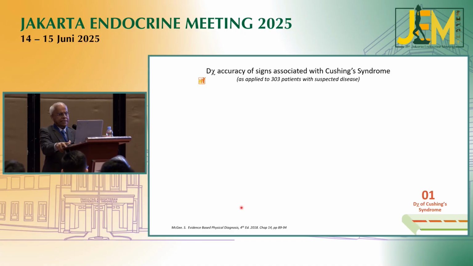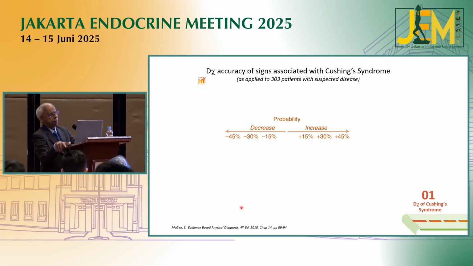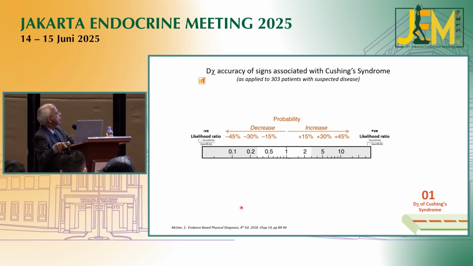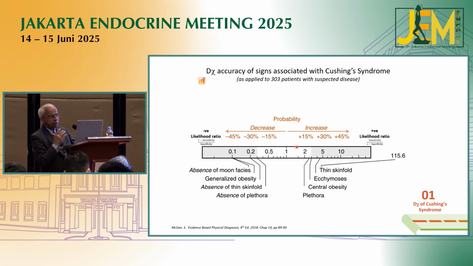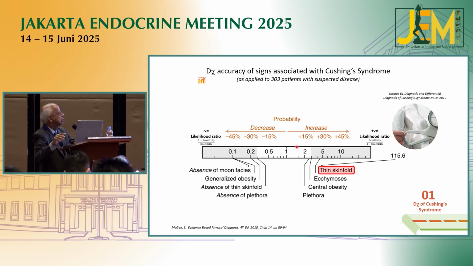There's diagnostic accuracy of signs, and you can go by probability. Likelihood ratio can be positive or negative. Over here, you see those that help you think whether the patient may have Cushing's or not. And when you see the signs on the right-hand side of your slide, I want you to pay particular attention to skin fold thickness. A thin skin has a very high contributory value in the clinical evaluation of Cushing's.